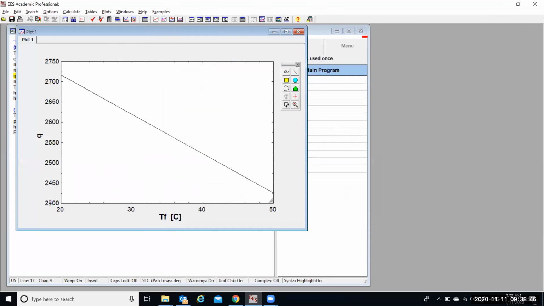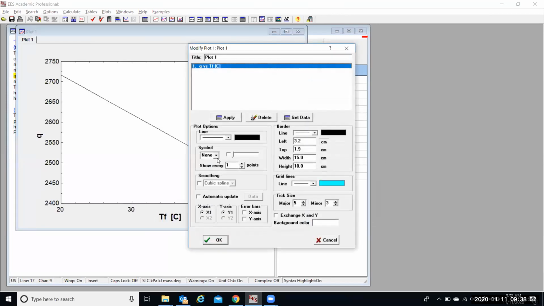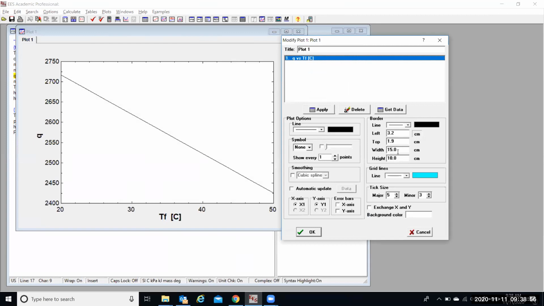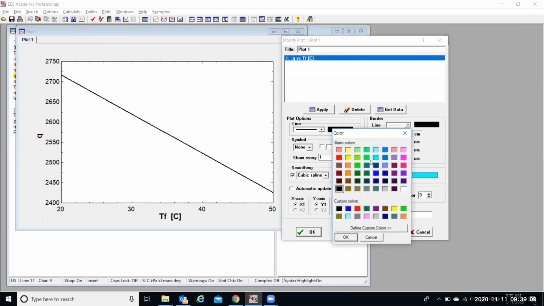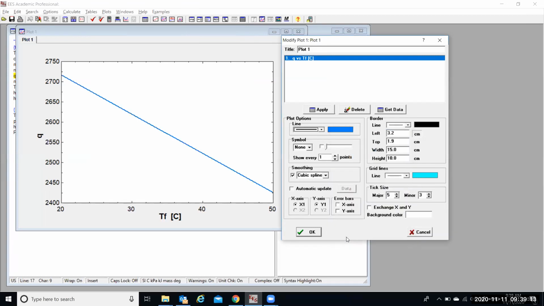I can play with these parameters in a way that I can look at the properties of this figure. For example, I want the values here for the y-axis. I can do smoothing if you have scattered values, and you can change the line color, and change these kinds of properties the way that you like so that the figure looks better.